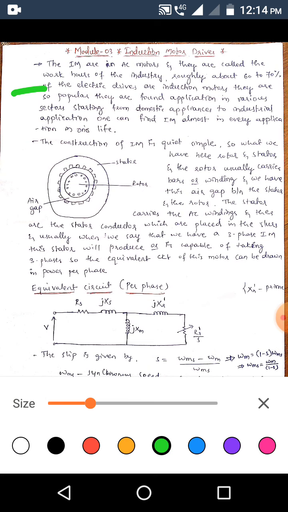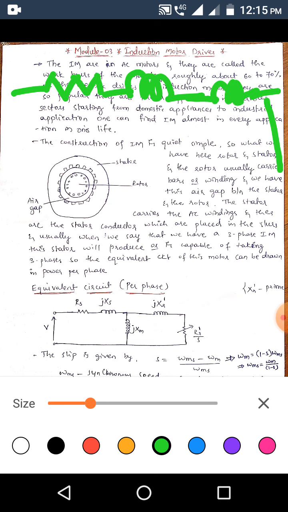We have the leakage resistance of the stator, and we have the reactance of the stator that is connected with the leakage reactance of the rotor, and that is connected with the variable resistance of the rotor here.